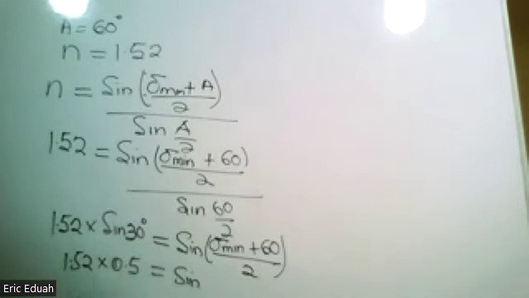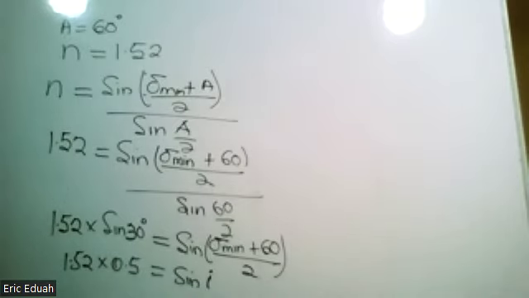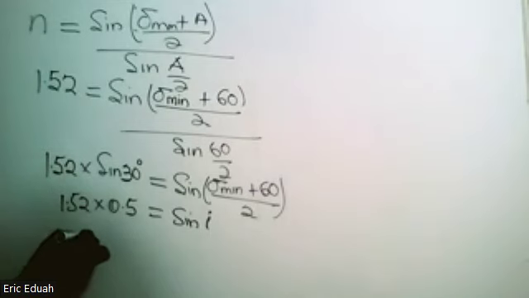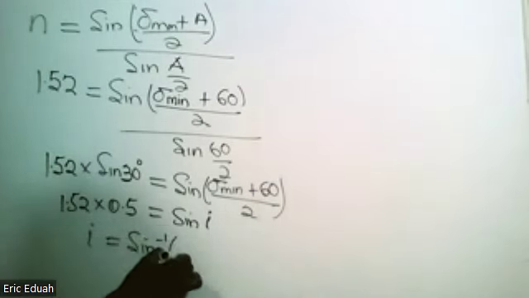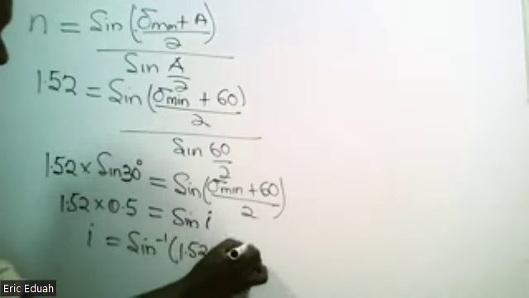And please, this is the same as I. Whatever is in brackets is I, the angle of incidence. So I is equal to the sine inverse of 1.52 times 0.5. And what's that?